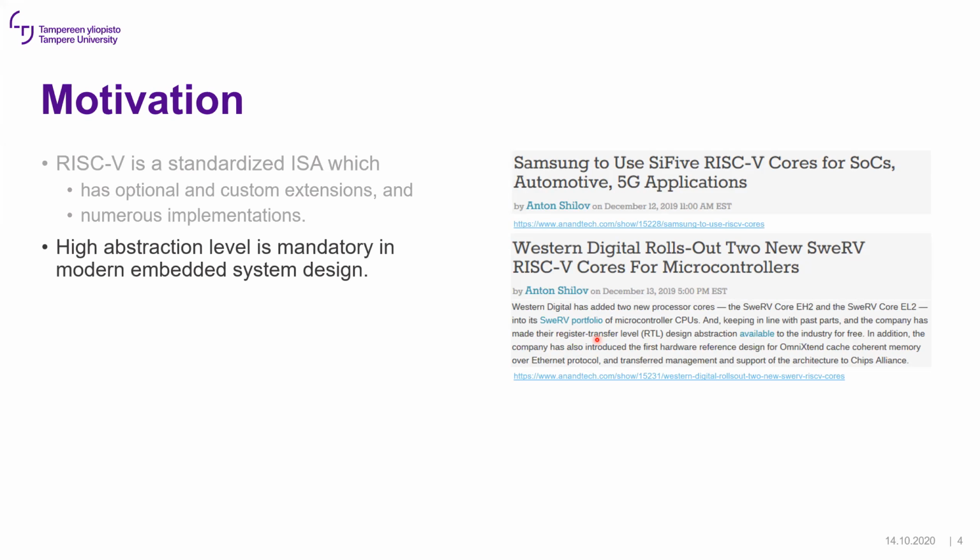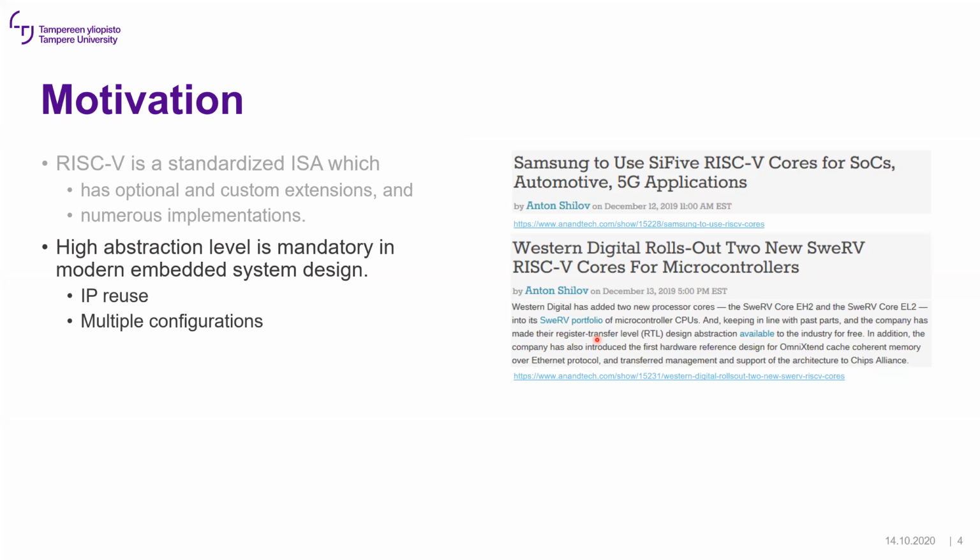We already know that in modern embedded system design, the complexity of the systems is so huge that a high abstraction level is mandatory if we want to cope with the large scale designs. And some of the features we have seen are IPs must be reused efficiently.